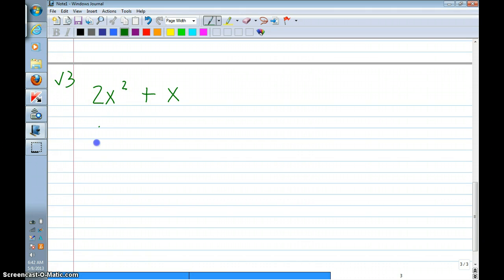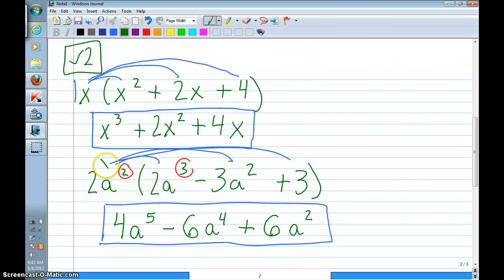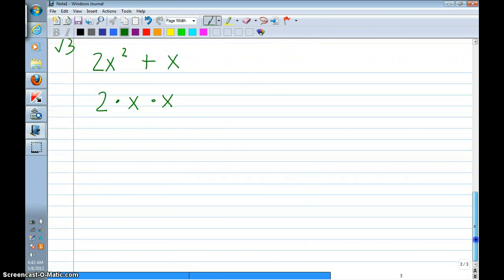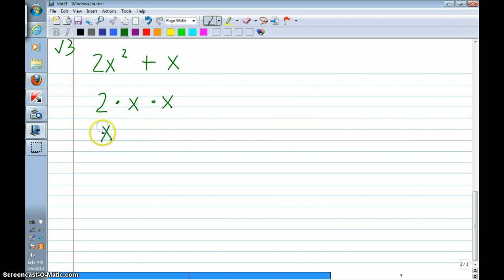In this, the prime factorization is 2 times x times x, because 2 is a prime number and x squared is just x times x. On this one, it's just x. What you do next is circle what's in common between them. This is in common. This is what ends up on the outside, the x.